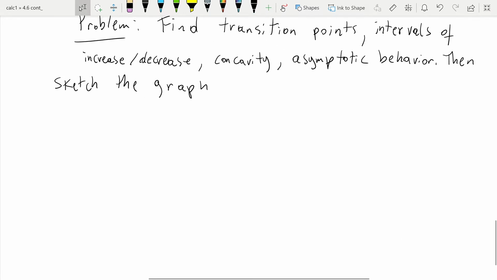For what function? For the function y, which is given by x times e to the minus x squared.